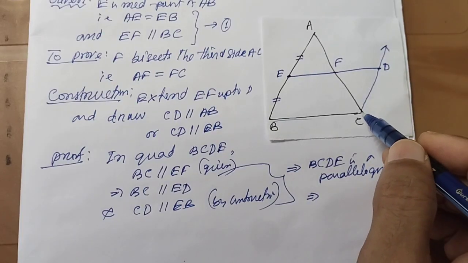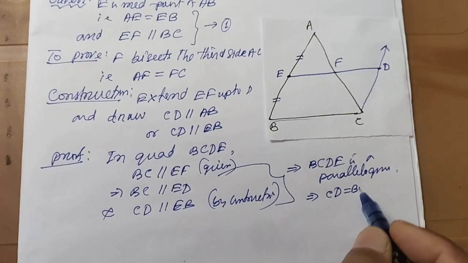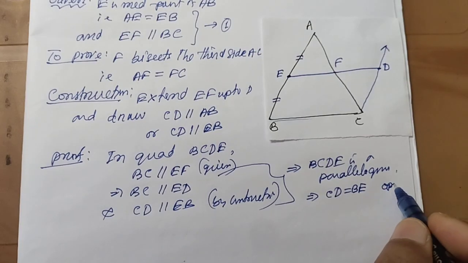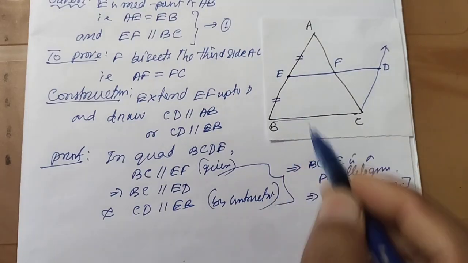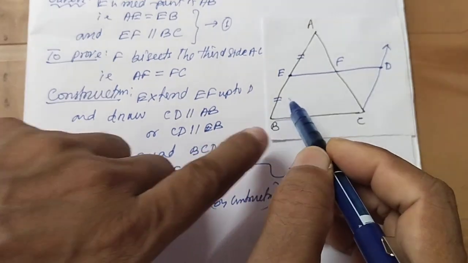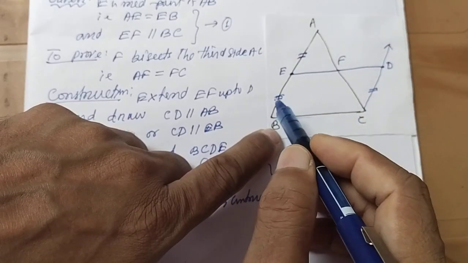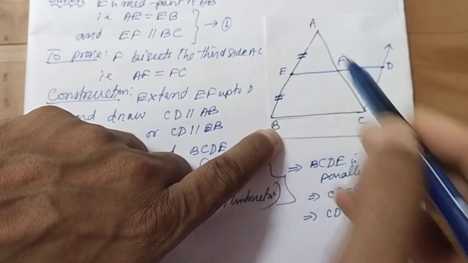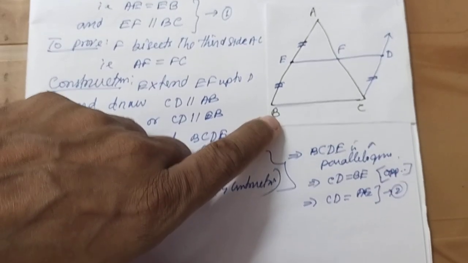Then opposite sides must be equal, so CD must be equal to BE, opposite sides of a parallelogram. Since BE and AE are the same, CD is also equal to AE. You can mark this as equation 2.